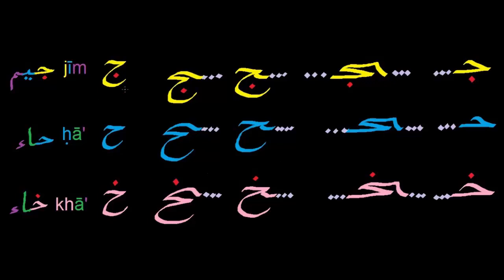So the Jim makes a J sound, and the Ha makes a Ha sound, and the Kha makes a Kha sound. Alright, let's look at a few examples so that I can show you how they're written in the beginning, middle, and end of words.